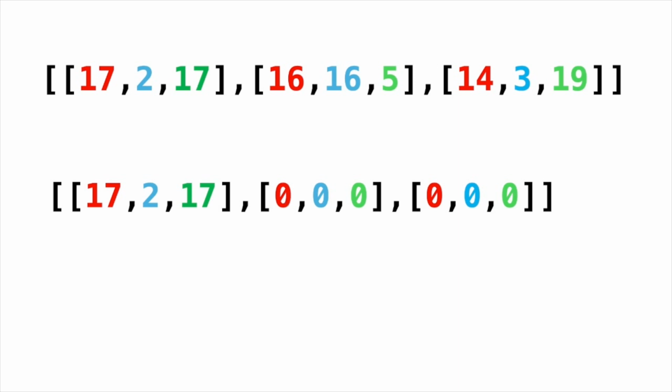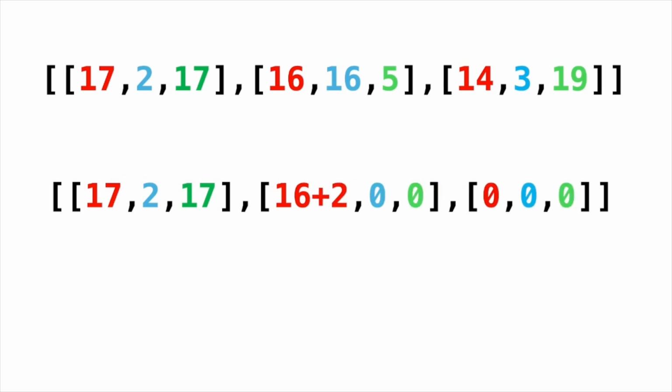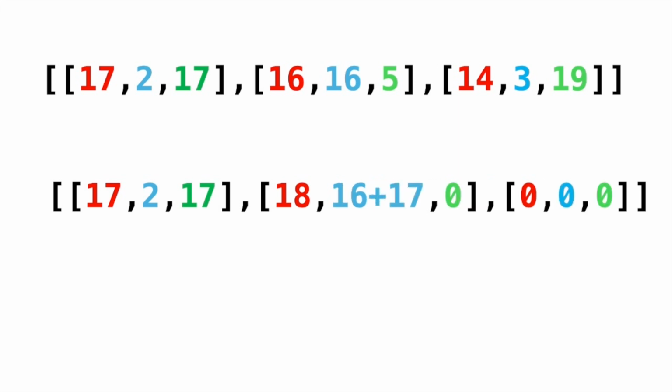So the cost of painting the second house with red color is 16 plus 2, which is 18. The cost of painting the second house with blue color is 16 plus min of 17 and 17. So the cost of painting the second house with blue color is 33.